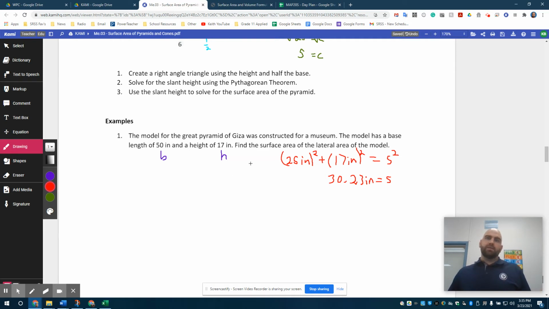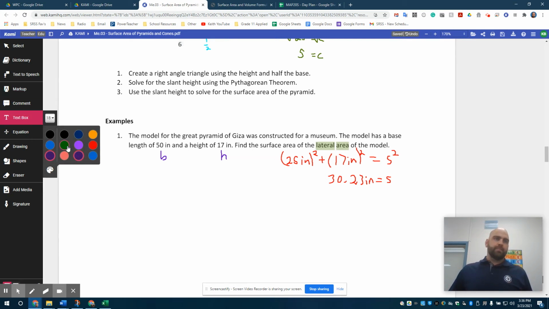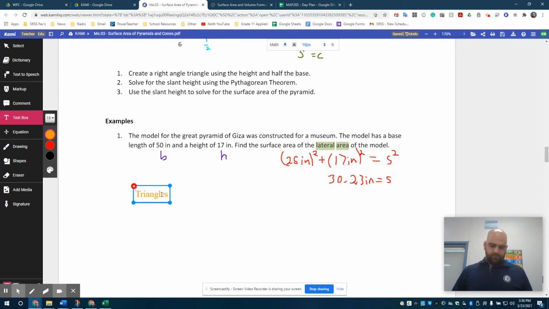Then we can find the surface area of the model. In this case, we're being asked for the lateral area, so we're only needing to find the lateral area. Remember, that's just the outside, those are just the triangles. So all we're going to find are the triangles. That is base times height divided by 2.